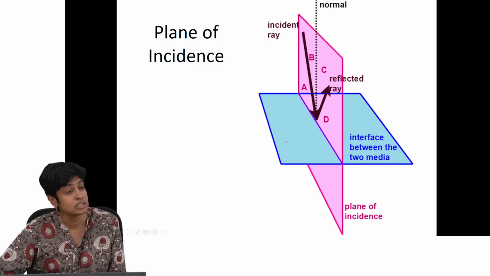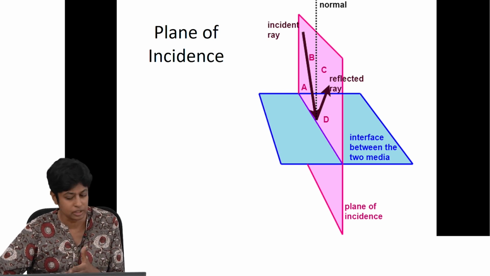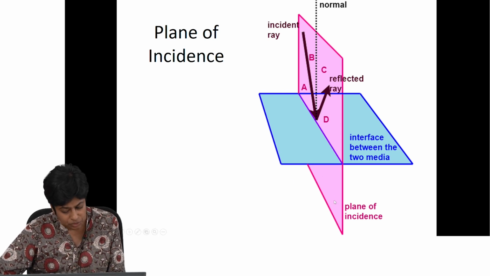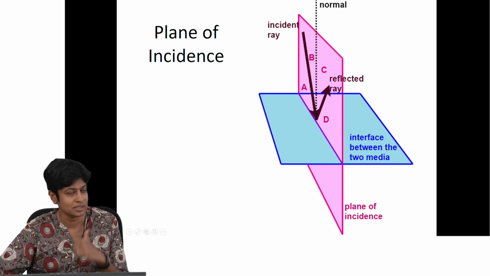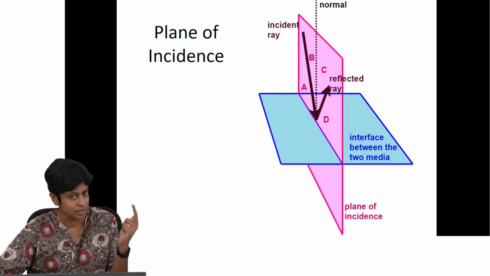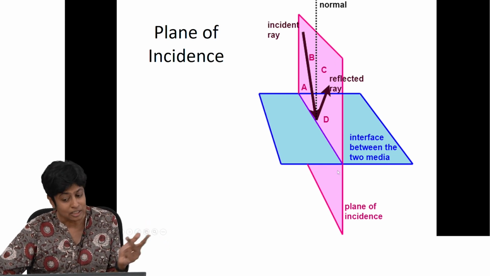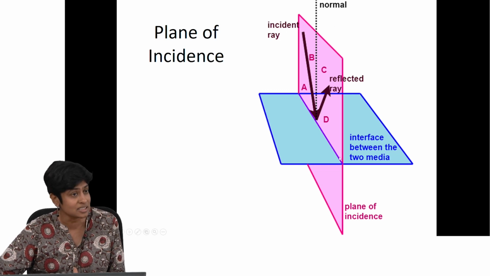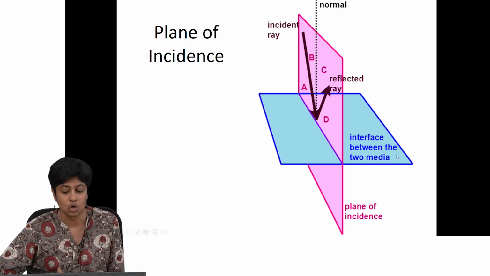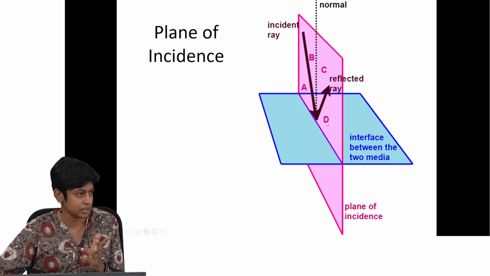If this interface is not 100% reflective, then there's also some light that's traveling through, and that is going to continue to lie on the same plane. So, I have a plane of incidence which contains the incident ray, the reflected ray, the transmitted or refracted ray, and the normal, that is, the normal to the interface between the two media.